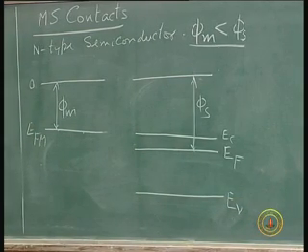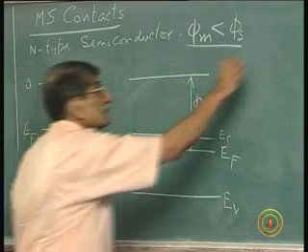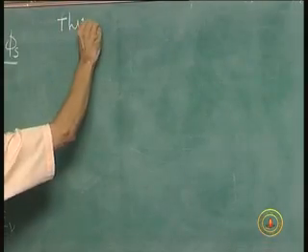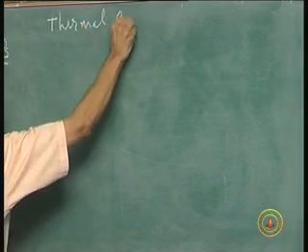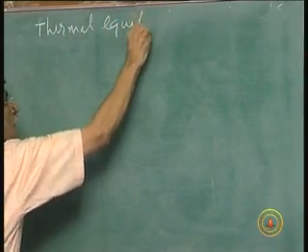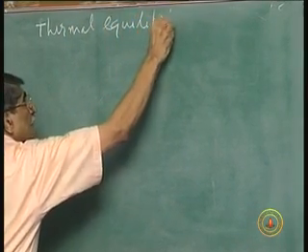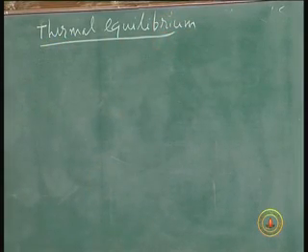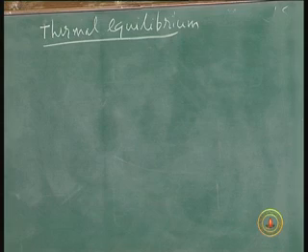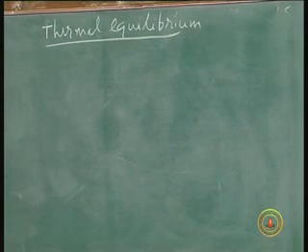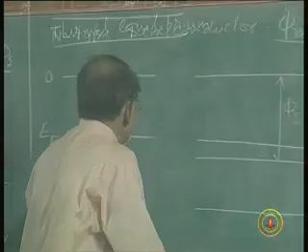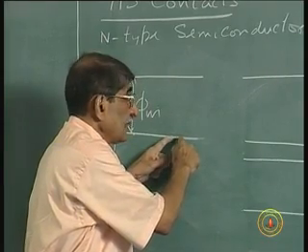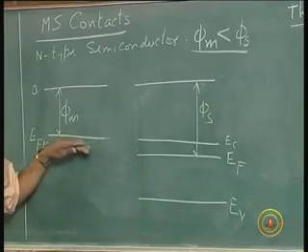Now, what will happen when you join them together, thermal equilibrium situation for this, what will happen? Thermal equilibrium situation will be, you will have electron transfer from here to here, Fermi level is above.